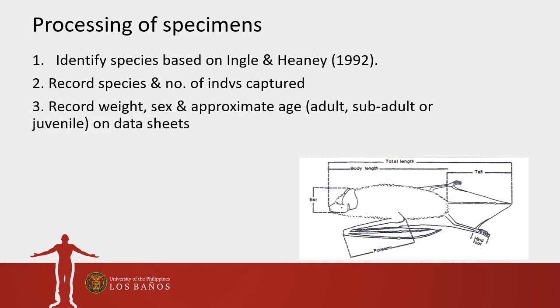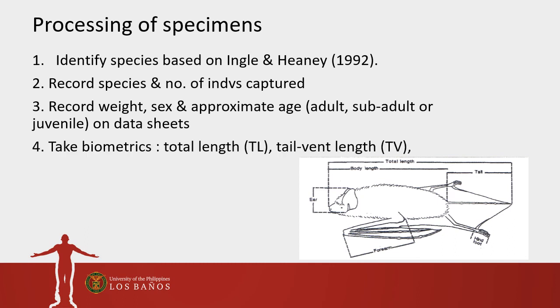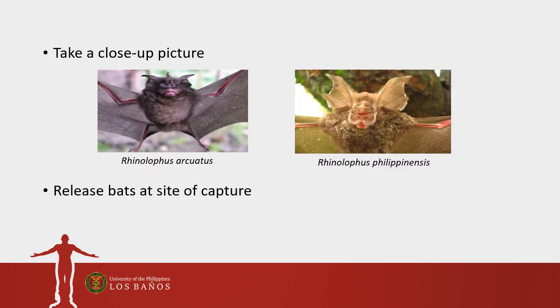Record the weight, sex, and approximate age on your data sheets. Take the biometrics, but only if you need it for identification. Prior to release, take photos of the captured bats, making sure to show the distinguishing characteristics, and then release the bats at the site of capture.